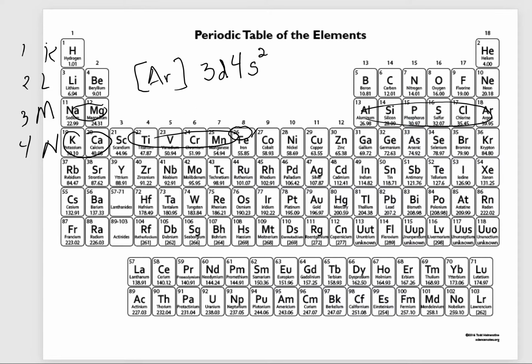Now how many electrons are going into the 3d? 1, 2, 3, 4, 5, 6. So we're counting 6 over to get to iron. So for iron, for the neutral atom, so iron with 0 charge, it would have this kind of electron configuration. It would have an argon structure plus the 3d6 and the 4s2.